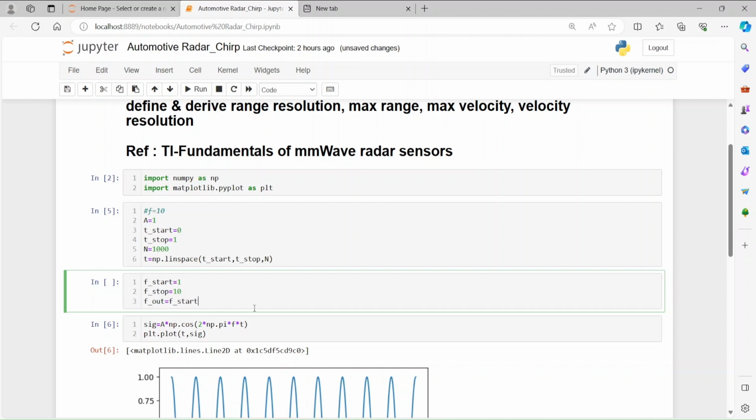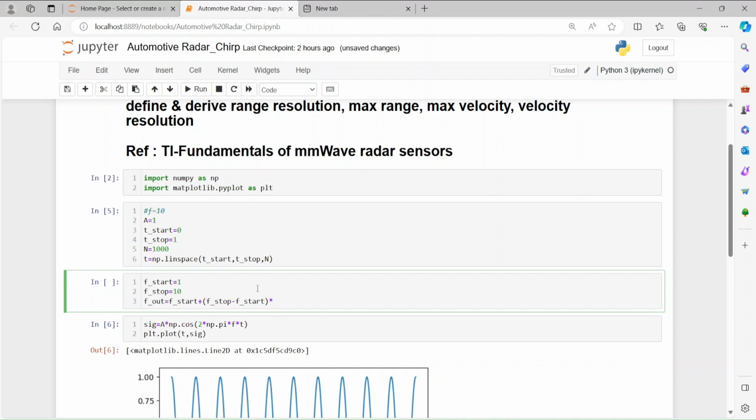F start, so we have the start frequency and then the bandwidth. The bandwidth is going to be f stop minus f start. I'm going to put this in a rounded bracket, and it is going to be multiplied by the slope, which involves the time.